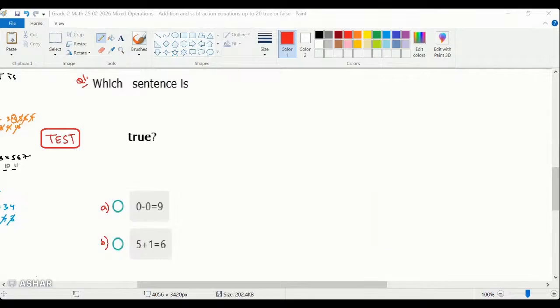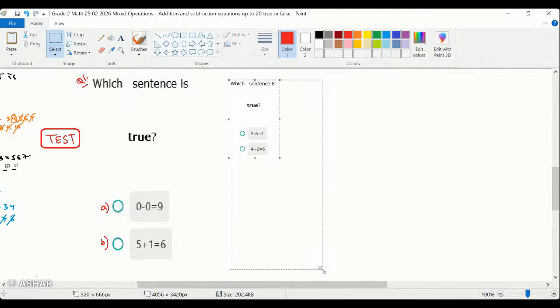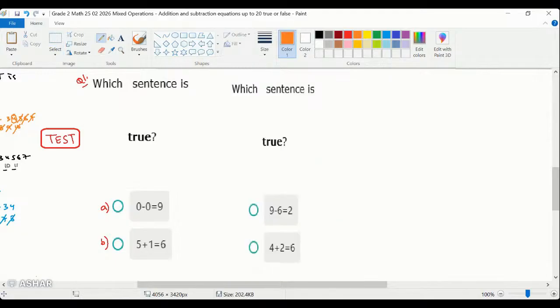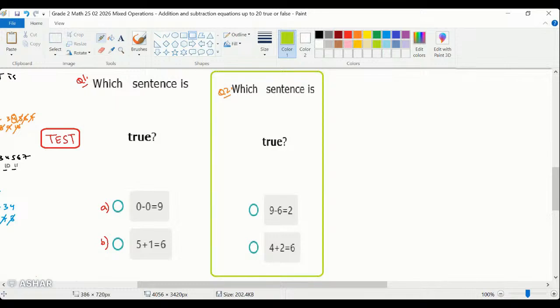True statement. We're not looking for a false statement. Question number 1. Which option is true? Perfect. Thank you, Michael. We were looking for true, and this is true. Agreed? Then again in question number 2, we are looking for a true statement. Thank you, Michael.